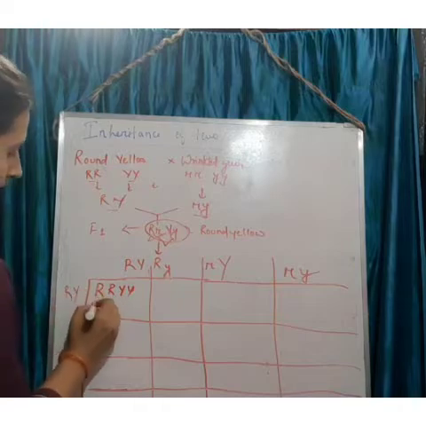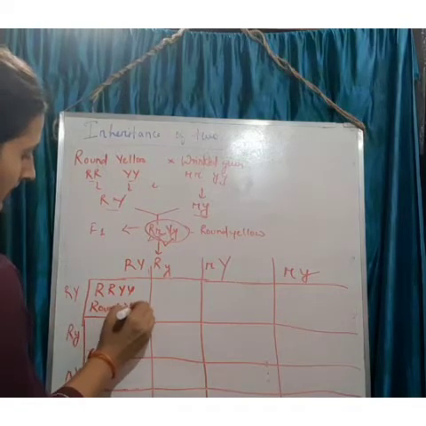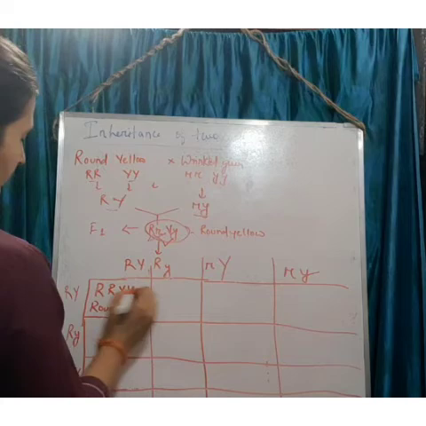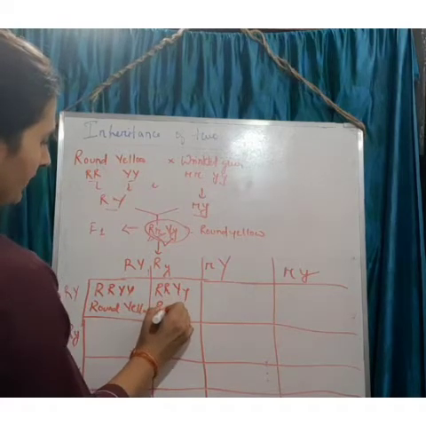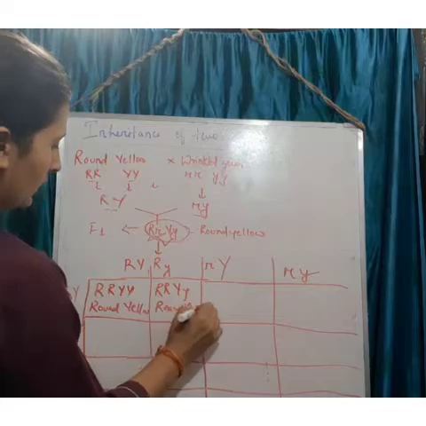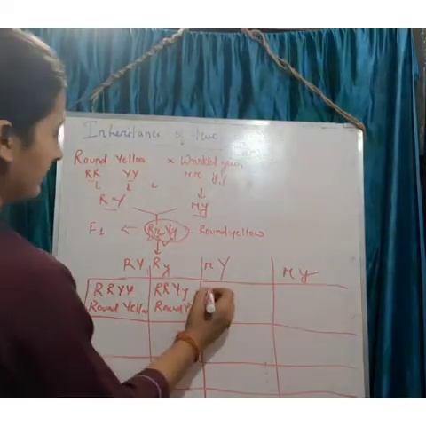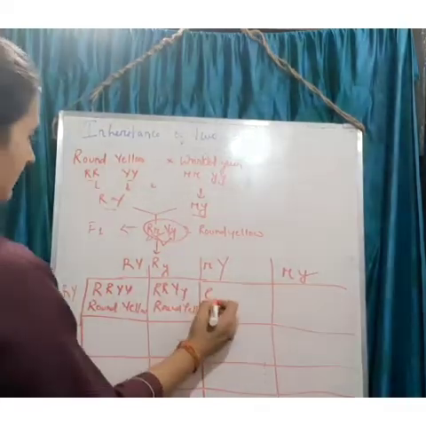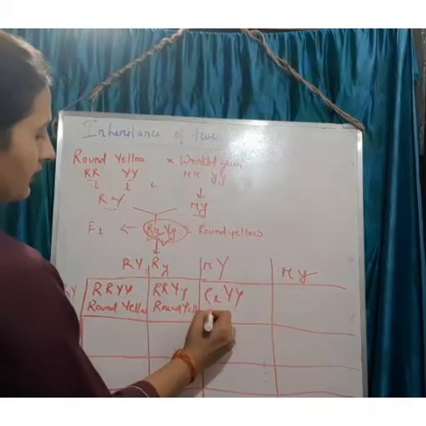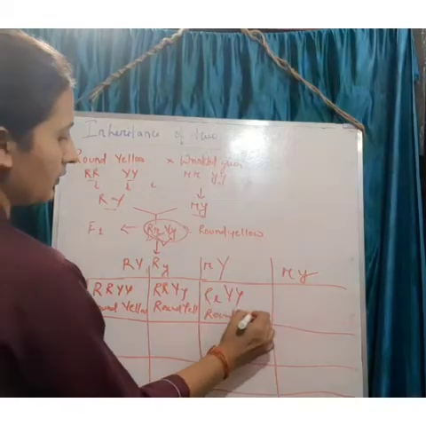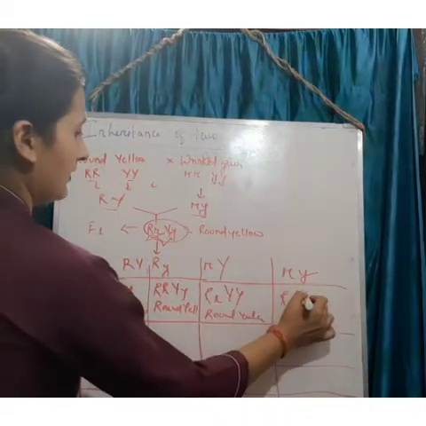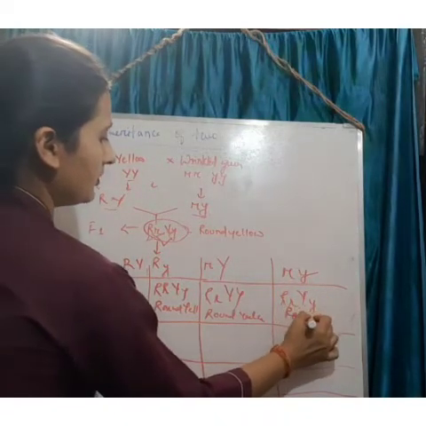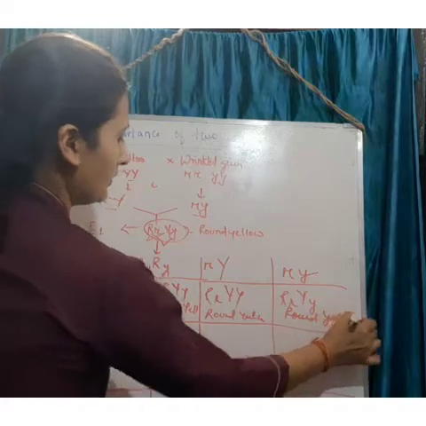So this will be your round yellow. Then comes this, again round yellow. Then RR and capital Y, round yellow. Then round yellow.